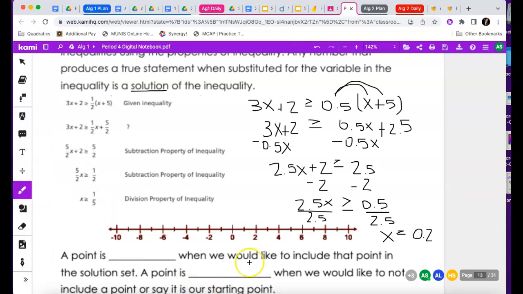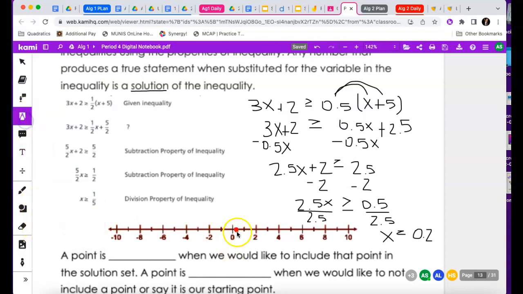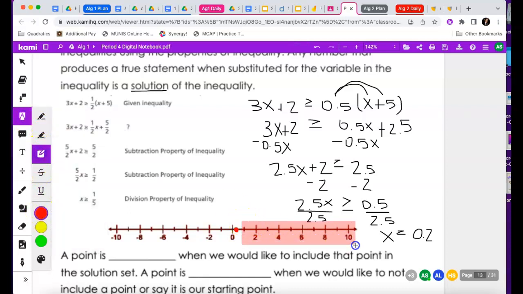Now, like the notes on page 14, we can graph that inequality. So 0.2 is right about here on my number line, very close to 0. And it's all the numbers that are greater than 0.2. So I'm going to shade to the right, all of the numbers to the right of 0.2. So it looks like that.